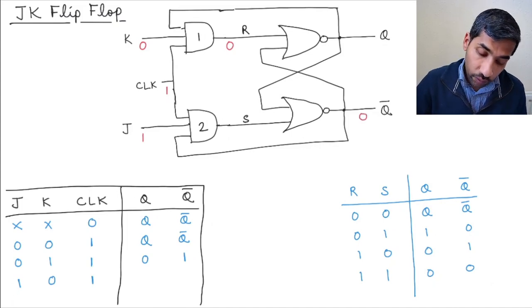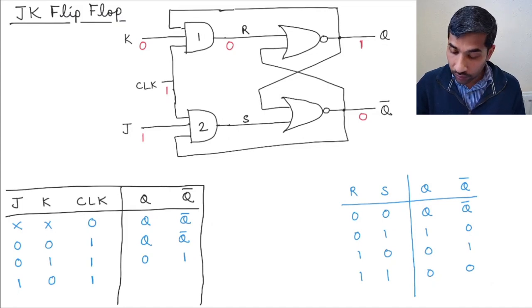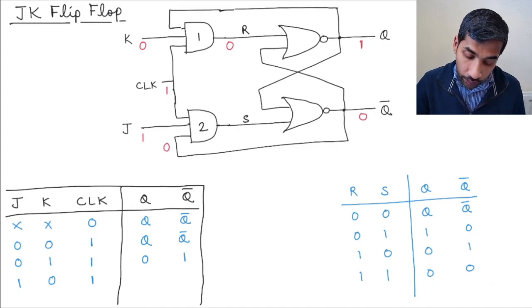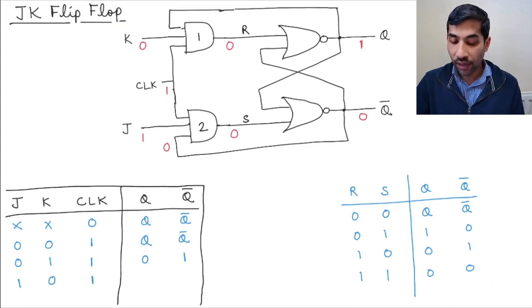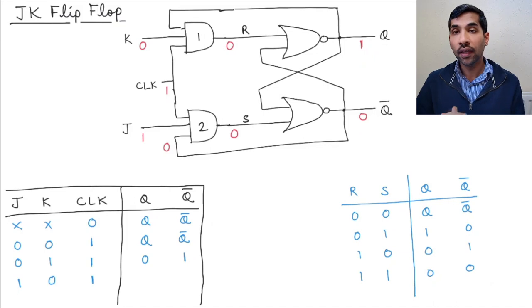If Q bar is 0, Q is going to be equal to 1. So if Q bar is 0, what happens to the inputs of AND gate 2? So this becomes 0 as well, and therefore S becomes 0, and R and S 0, 0 is the memory state, so the same state is going to be maintained. So the state is going to be 1, 0, and that state is going to be maintained in the next cycle as well.